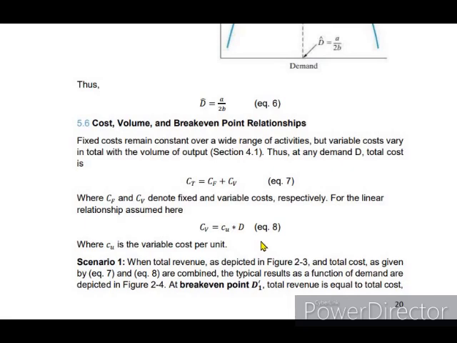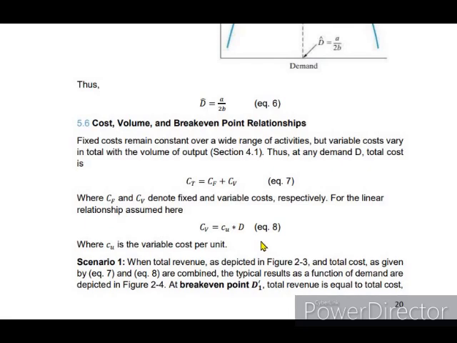Thus, at any demand D, total cost, C sub D, is equal to C sub F, which is the fixed cost, plus C sub V, which is the variable cost, where C sub F and C sub V denote fixed and variable costs respectively for the linear relationship assumed here. So C sub V, or the variable cost, is equal to C sub U times demand.